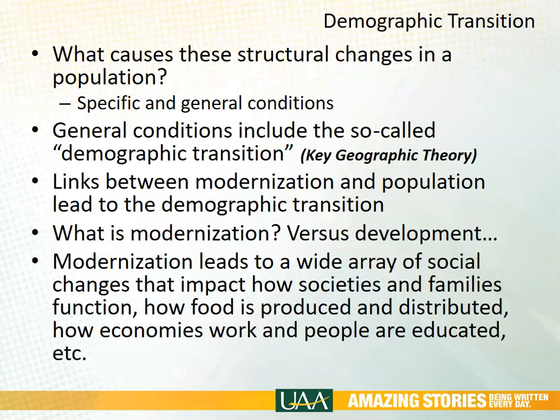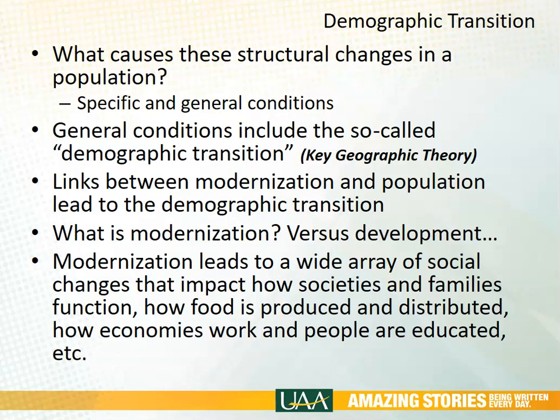Population structure is important because it helps us to understand some of the challenges that countries face. But it also helps us to understand some of the basic history behind population change that's taking place around the world. Now, for each country, there are oftentimes very specific conditions that lead to population change, but there are also more generalizable ones.